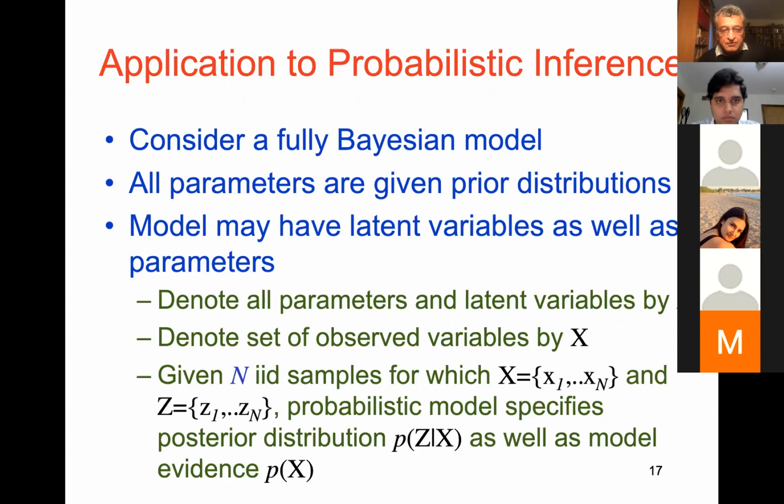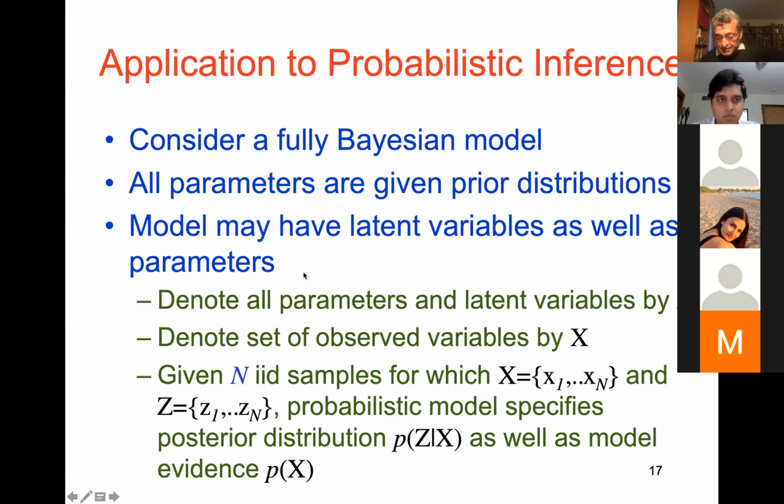And we apply it to probabilistic inference, a fully Bayesian model. All parameters are given prior distributions. A fully Bayesian machine learning model will have a whole bunch of parameters, but we say they all have prior distributions. The model may have latent variables as well as parameters.